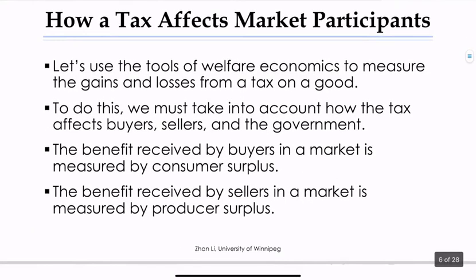So here, our purpose is to understand how the total welfare changes.